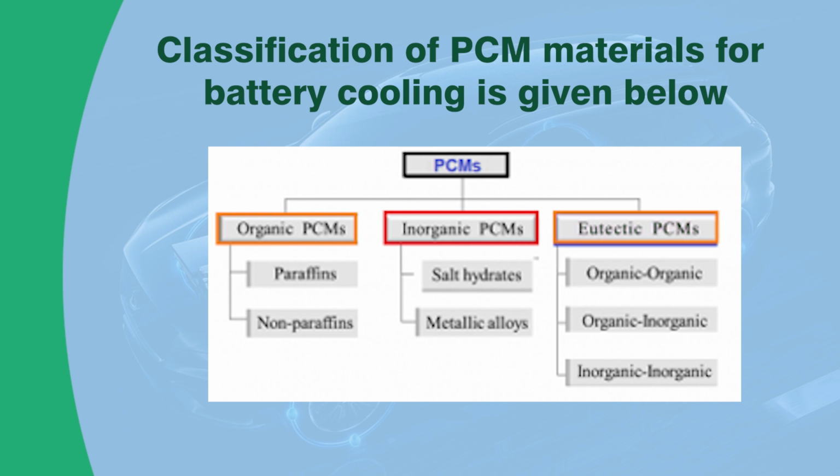Some of the organic phase change materials are paraffins and non-paraffins, the inorganic phase change materials are salt hydrates and metallic alloys, and eutectic phase change materials are combinations of organic and inorganic, or organic and organic, or inorganic and inorganic phase change materials. Most of the phase change materials used are paraffins.